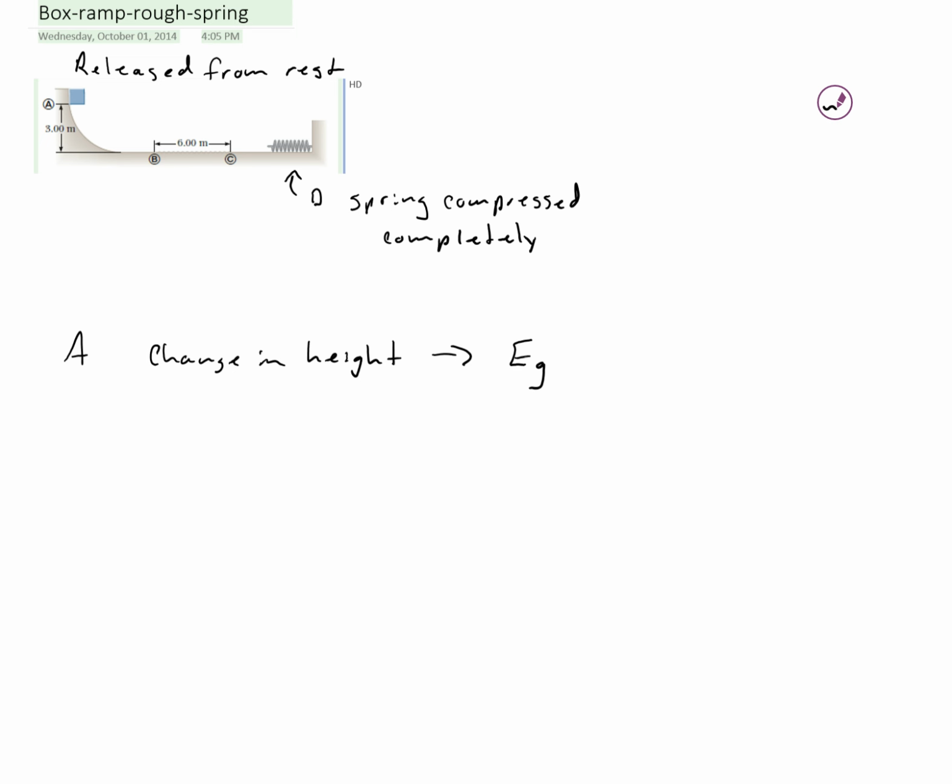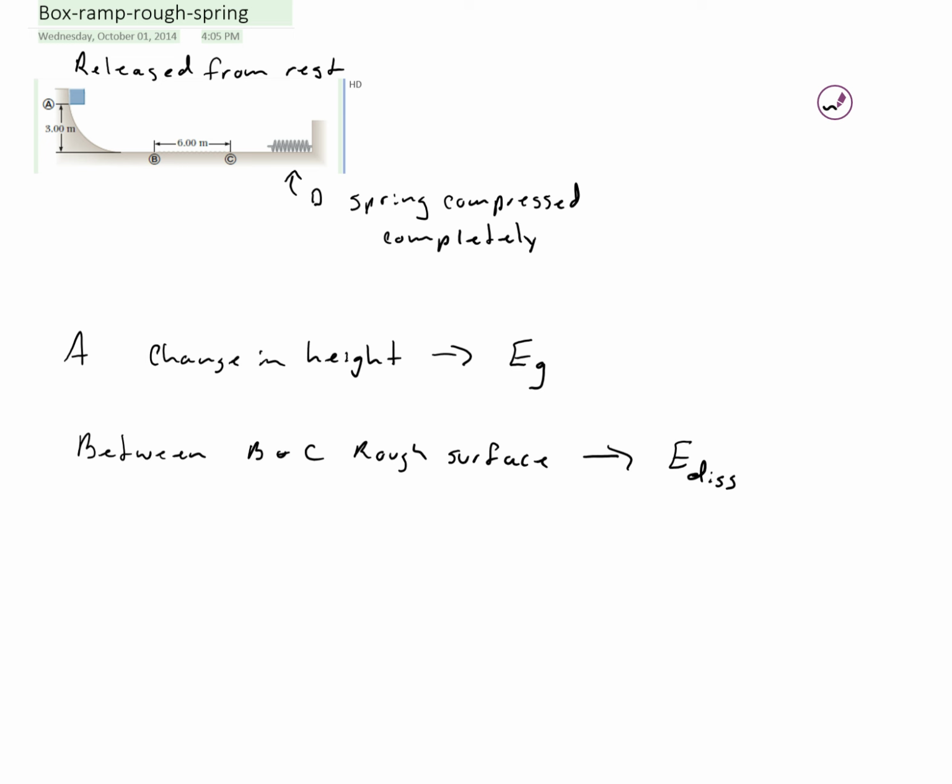Between B and C, we have a rough surface. So that implies we want to use dissipated energy.